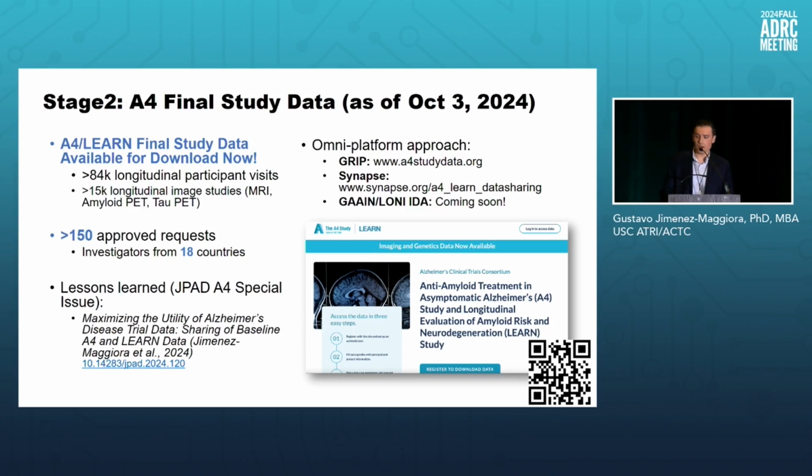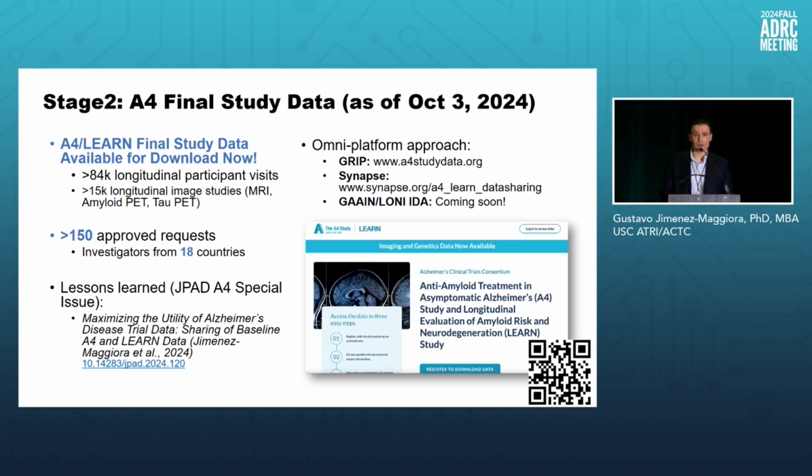So we've shared data on the GRIP platform, which is a platform that we've co-developed with Gates Ventures. And you can find that platform at a4studydata.org.